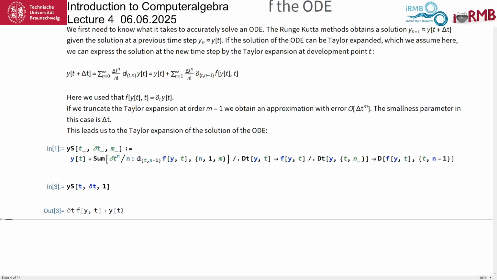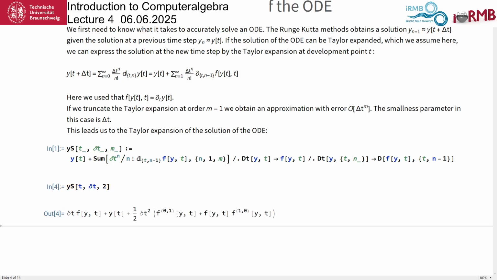So it writes it for humans in an unnatural way, you could say. So doing this twice will give you this delta t, 1/2 delta t square. By the way, this is the way it writes these derivatives.